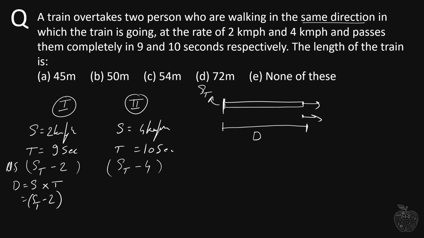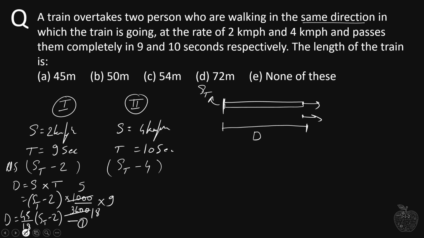So let's convert this speed, which is in kilometers per hour, into meters per second. 1 kilometer is equal to 1000 meters, and 1 hour is equal to 3600 seconds. Or I can say that this is 5 by 18, right, into time, which is 9. So we have distance is equal to 5 nines are 45 divided by 18 into speed, which is st minus 2. Let's call this equation 1.